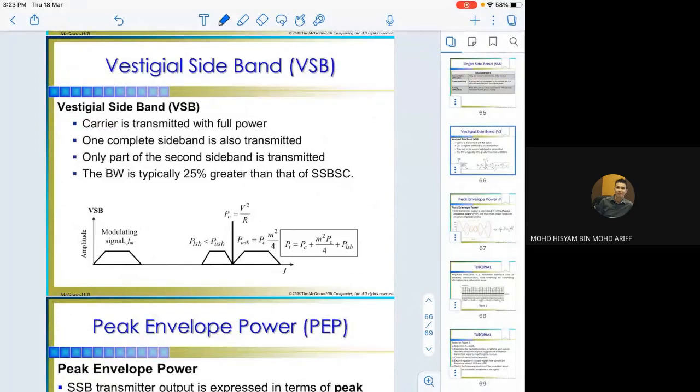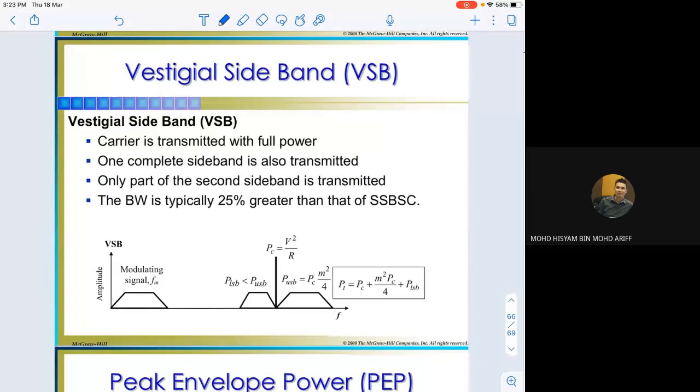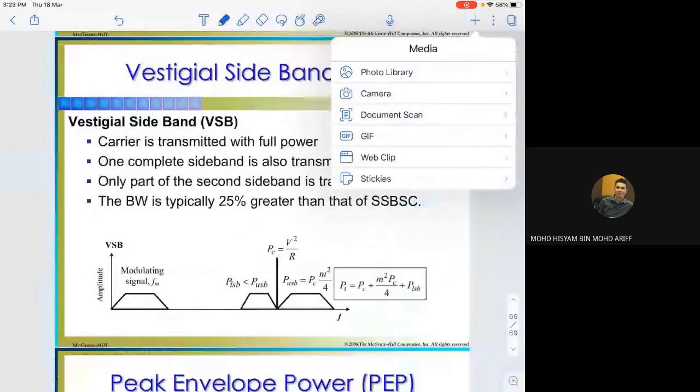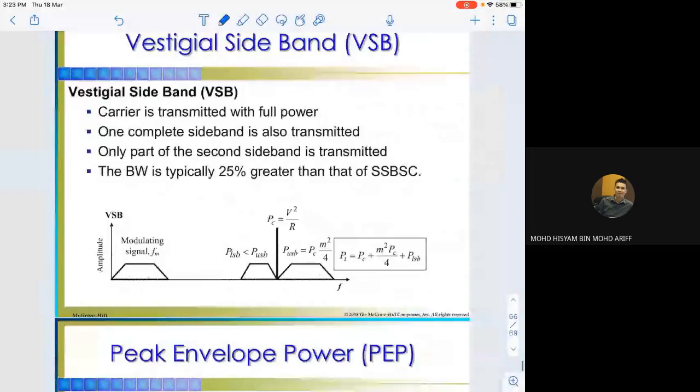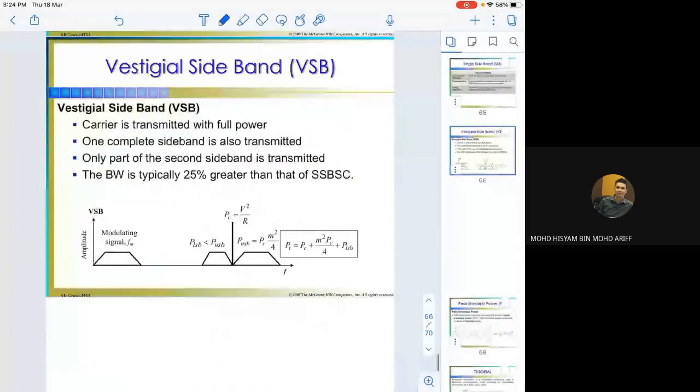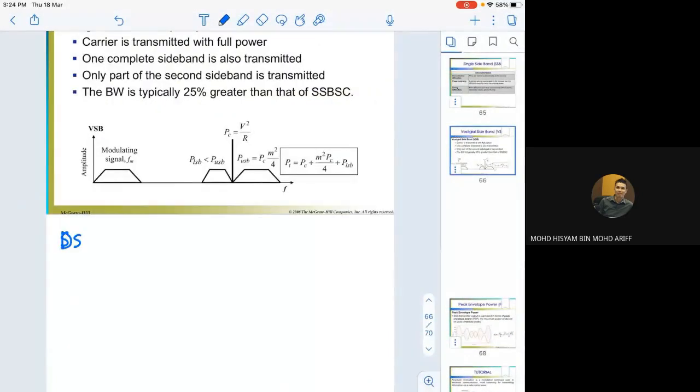So I make the summary again. How the signal looks like. Let me repeat. Double sideband full carrier: the frequency spectrum is like this. Double sideband suppressed carrier means no carrier.